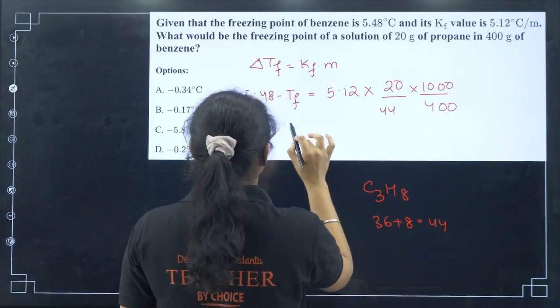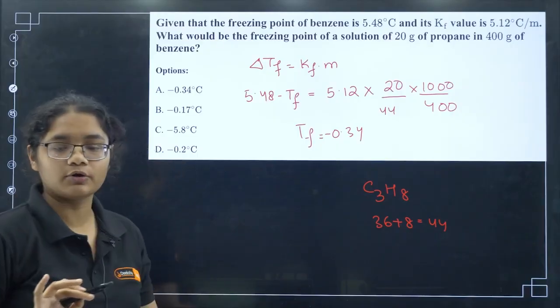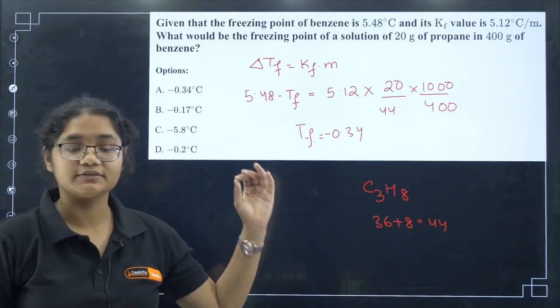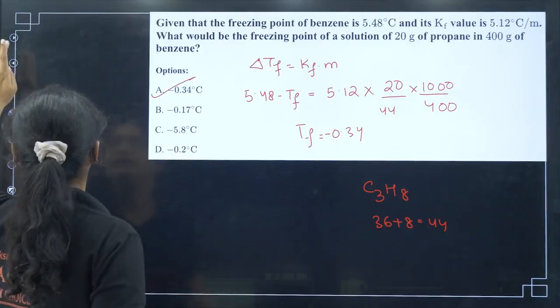Now if I solve this, you will get the Tf value as 0.34. So you can do the calculation. I'm not doing a very detailed calculation because in COMEDK you have been given calculators. So you can do this, you will get option number A.